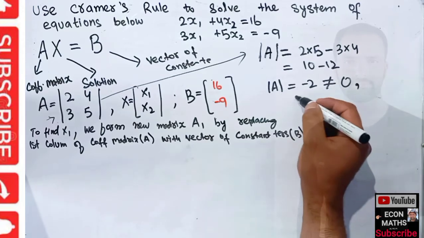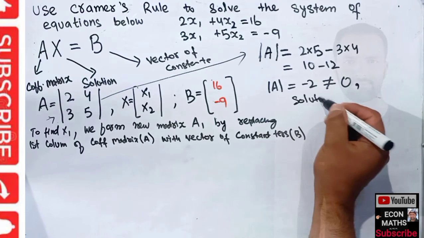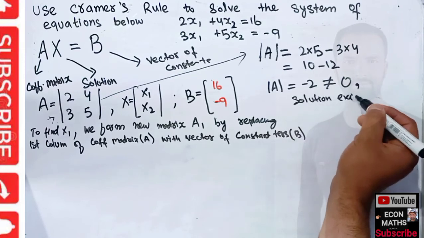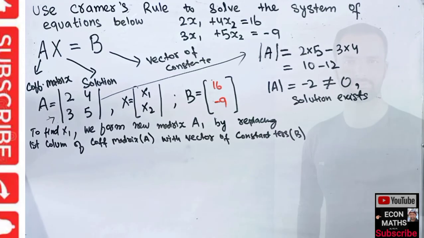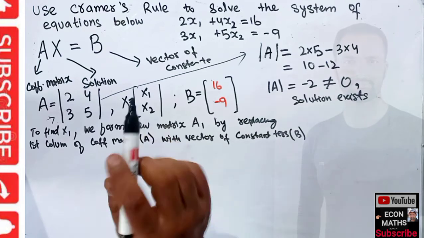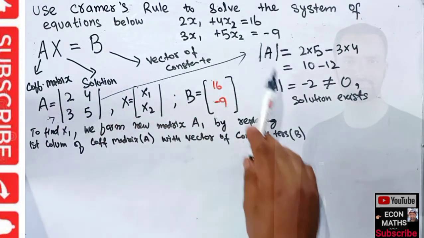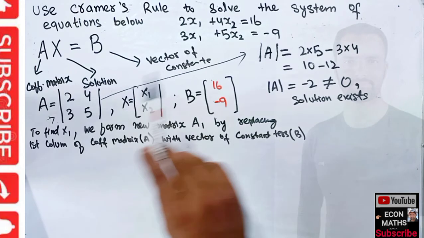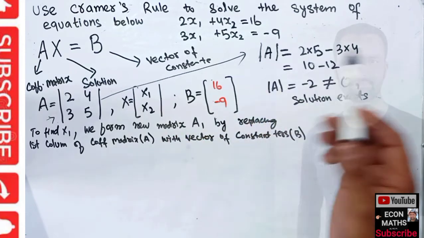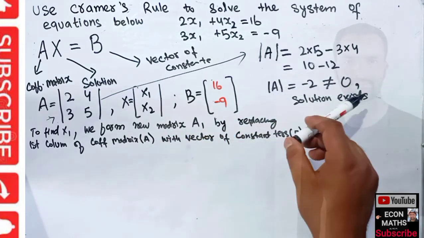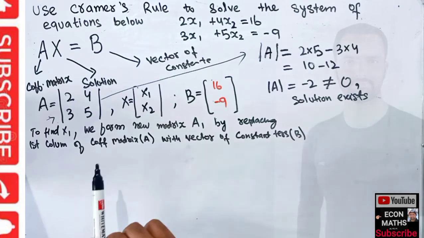So I will write: solution exists. This was the very important point that I forgot to write in the first place. So first, we take the determinant of the coefficient matrix, and if it is 0, then we cannot proceed further. If it is not, then we can find the new matrix.